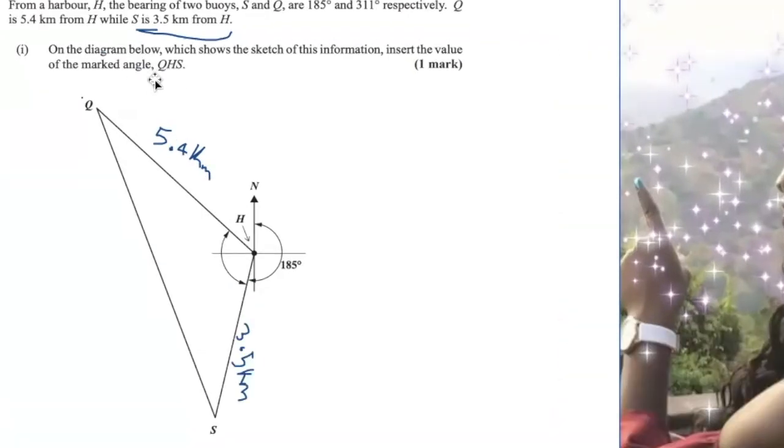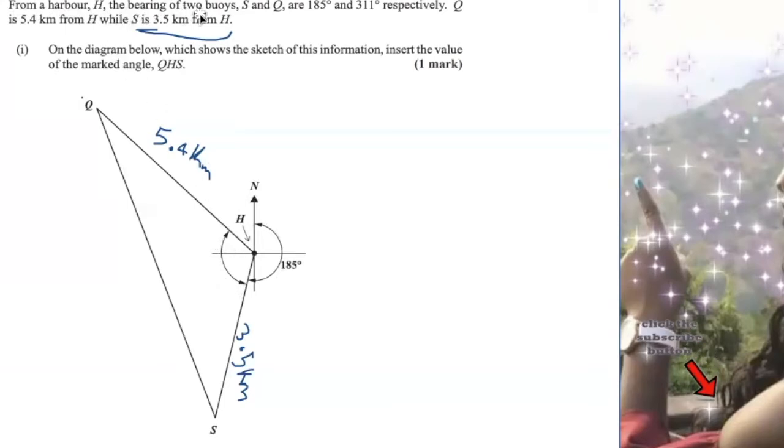Now, we need to mark the angle QHS, meaning I need this angle at the harbor H. Remember, when we're measuring the angle, we start from the north and go in a clockwise direction.